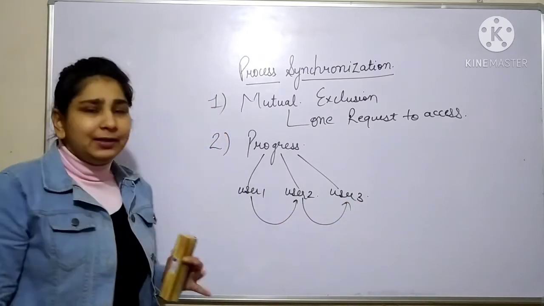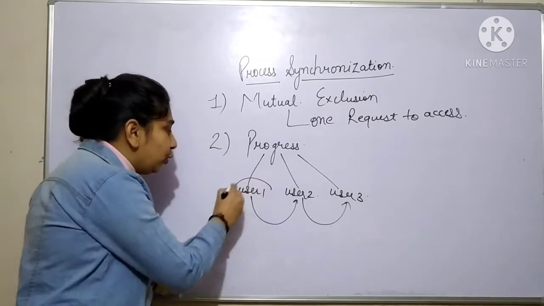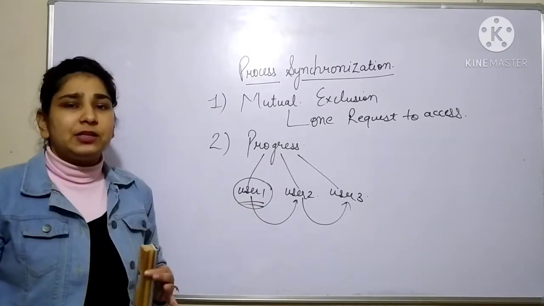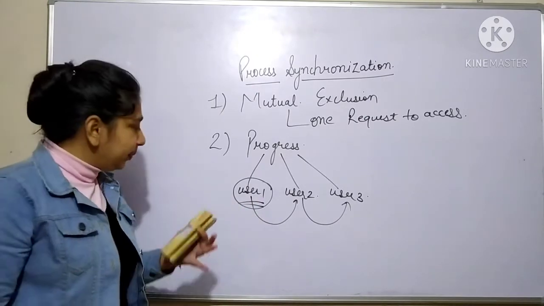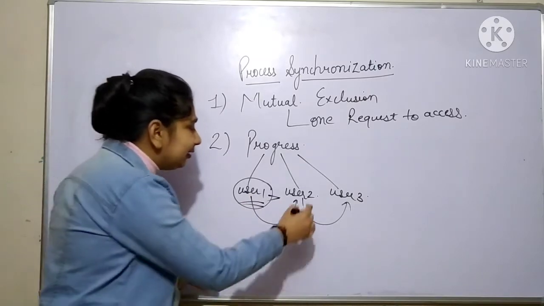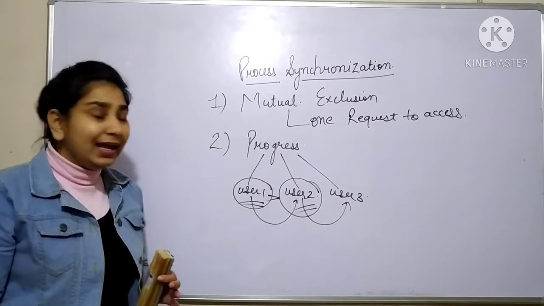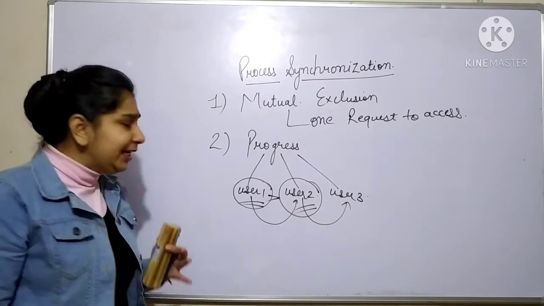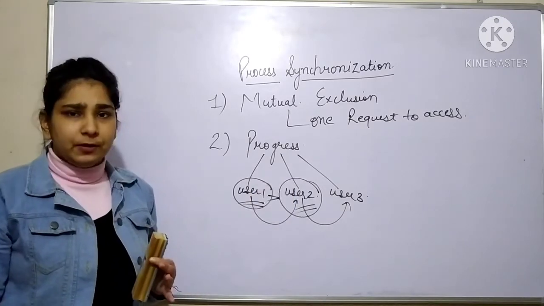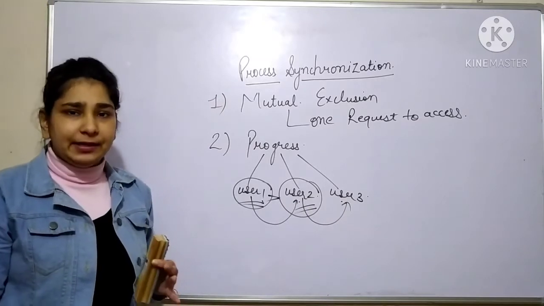You should not design your algorithm in such a way that you force user 1's request to be executed first, and once user 1's request has been executed, only then you execute user 2. We should not have any dependency among the requests of the user. Each and every request should be independent.